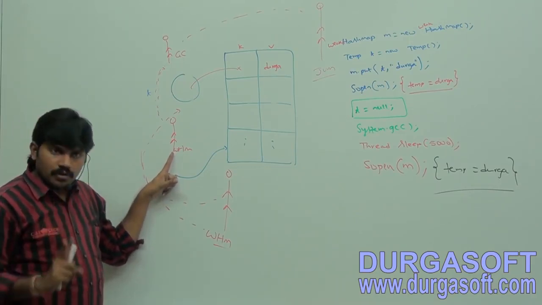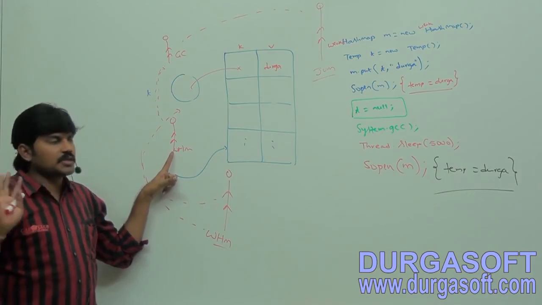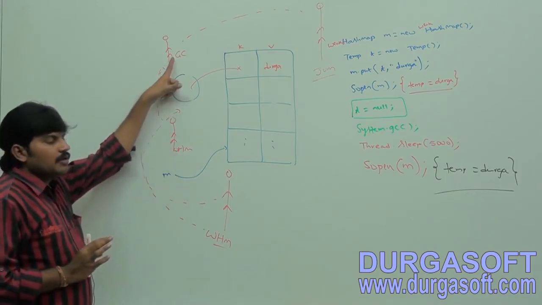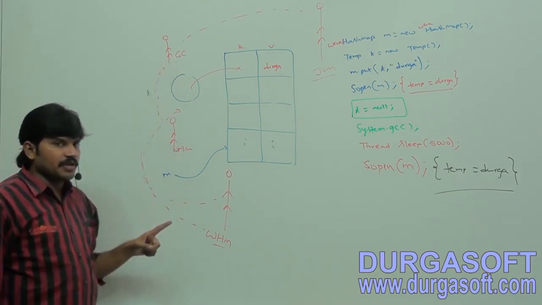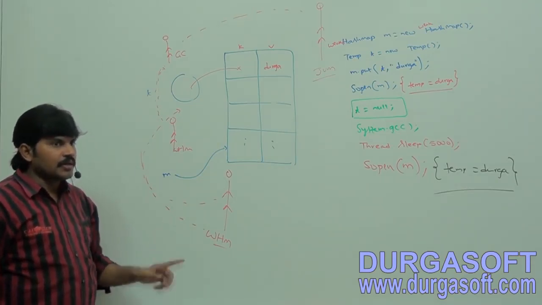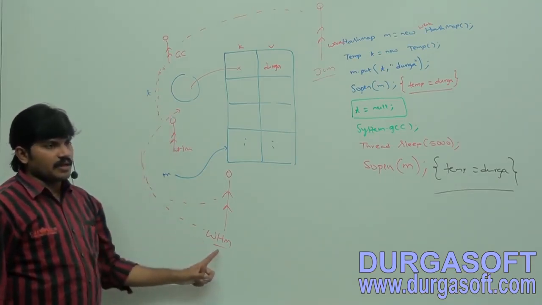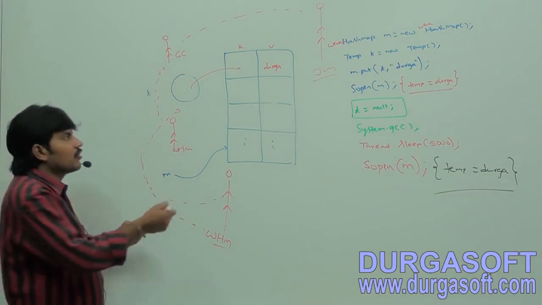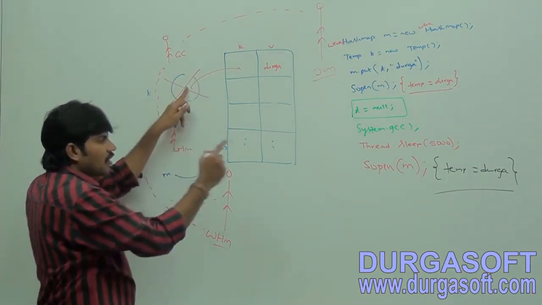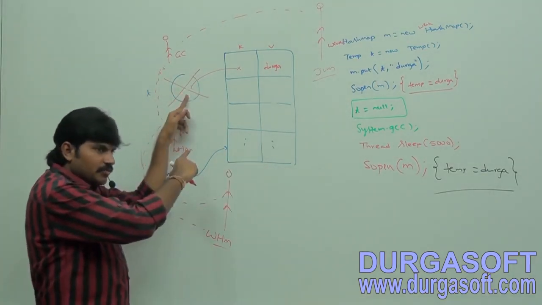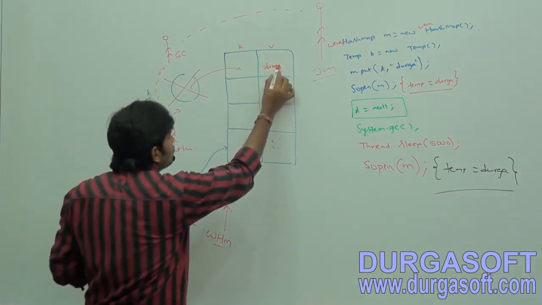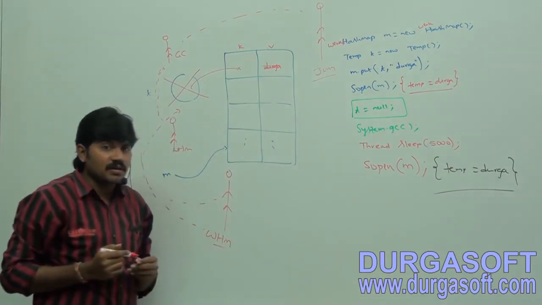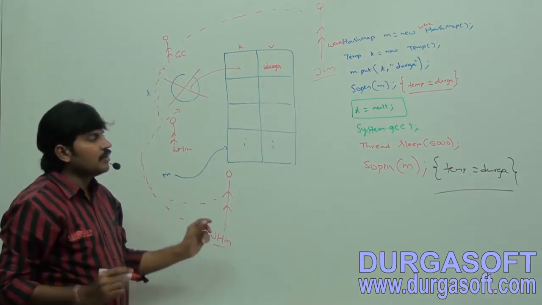Don't open your mouth, let me complete my job. The garbage collector conveys this to the WeakHashMap. Then the WeakHashMap realized, oh, I am weak, right? Now it came back. The garbage collector is going to destroy this object, call the finalize method, destroy the object, and then automatically this value is also gone, because if the key is not there, the value by default will be gone.